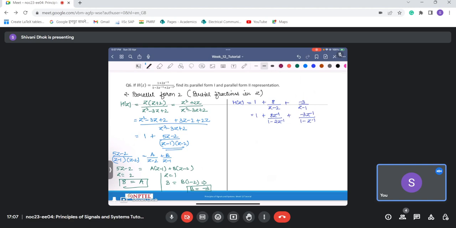So this is my x(n), this part is my x(n) as it is, then this x(n) will go here and it will be added with a delayed version of this part, which is multiplied by a gain of 2. That is the direct form representation of this system, and this is again multiplied by 8.